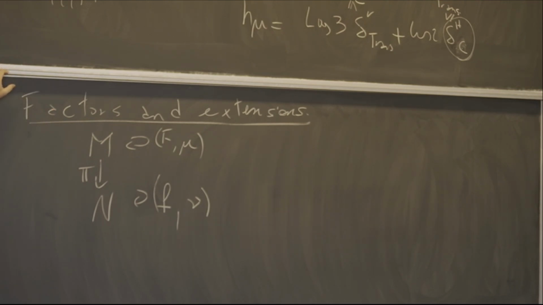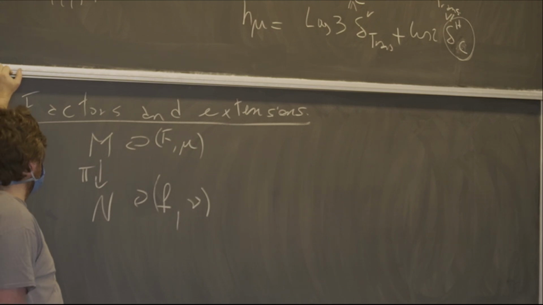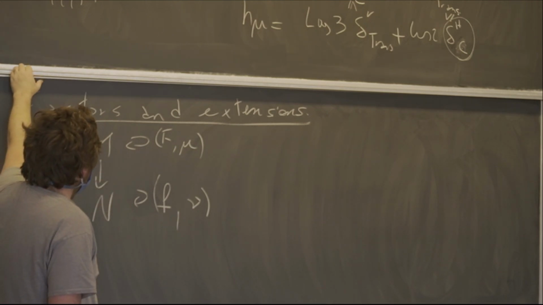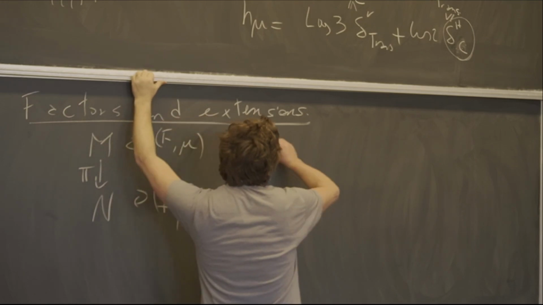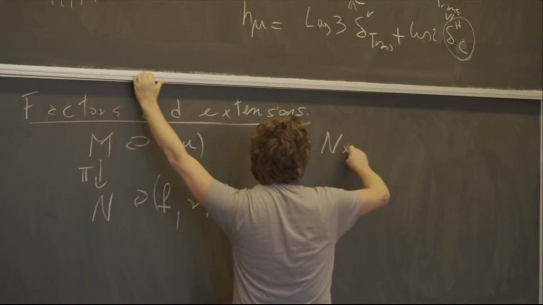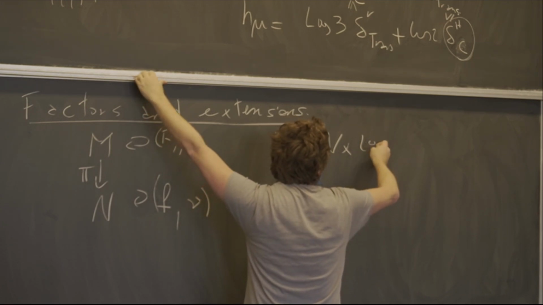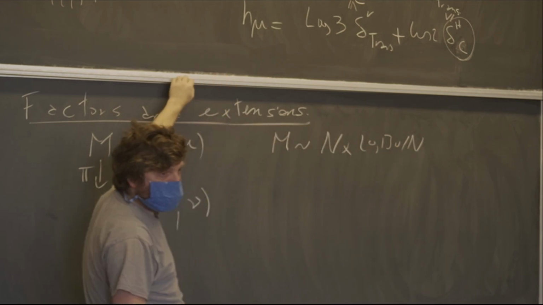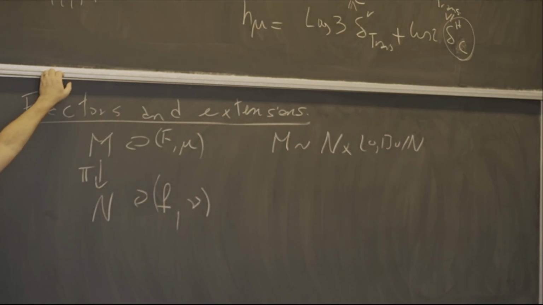And by the standard theory, assuming everything is measurable and beautiful here, Lebesgue spaces, you get that from a measurable point of view, M is like N times, say, the interval 0, 1, maybe union the naturals, because that's what all Lebesgue spaces are.